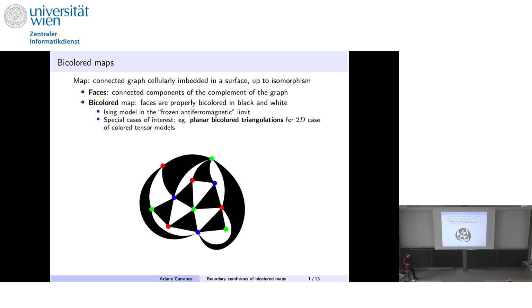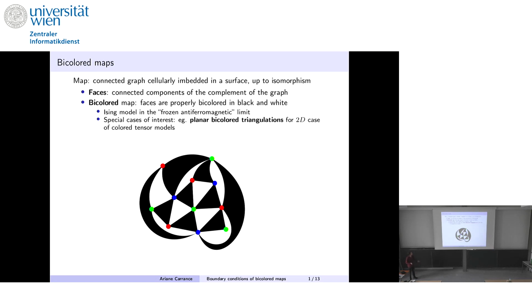A special case of interest, which was what brought me to bicolored maps in the first place, is the case of bicolored triangulations, in particular because they're related to the 2D case of colored tensor models, for people in the audience who know about that.